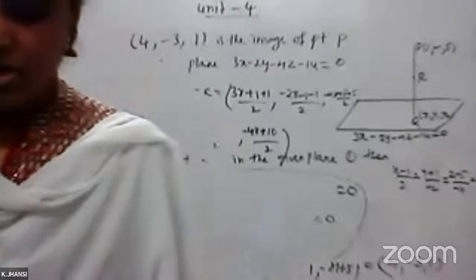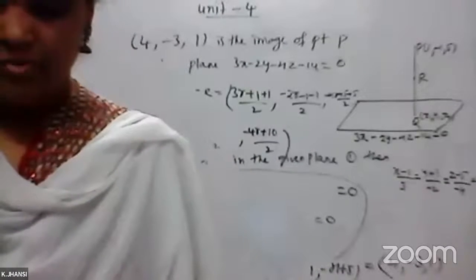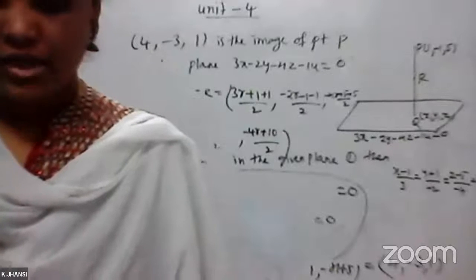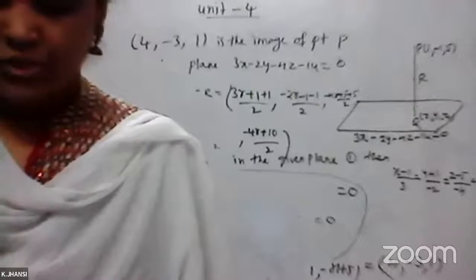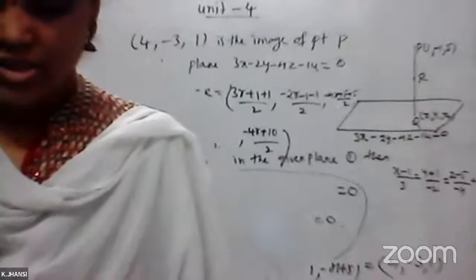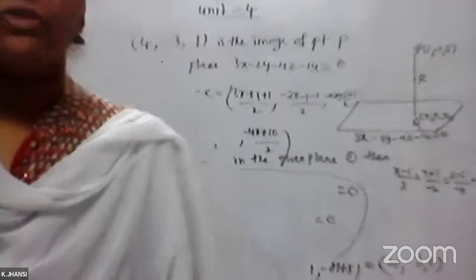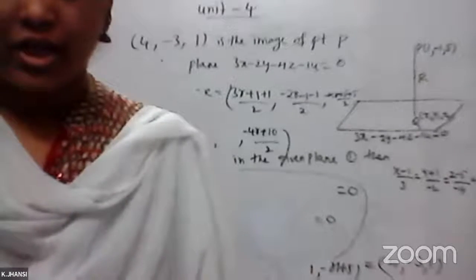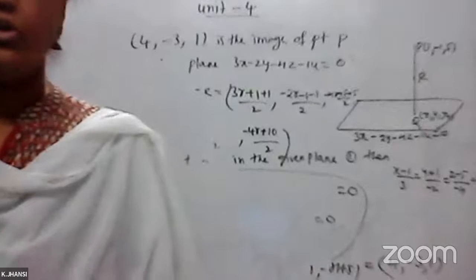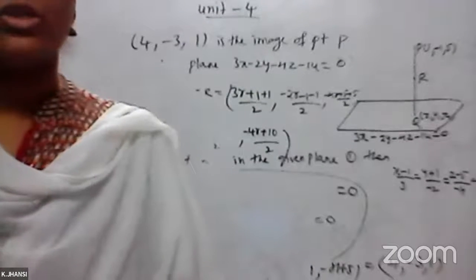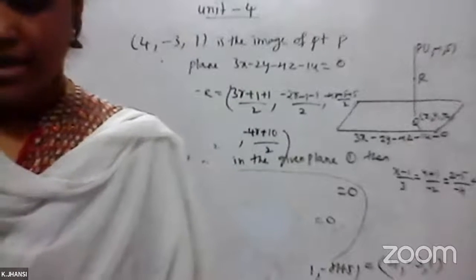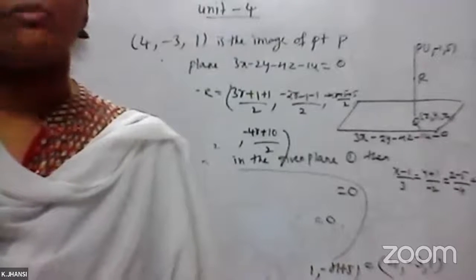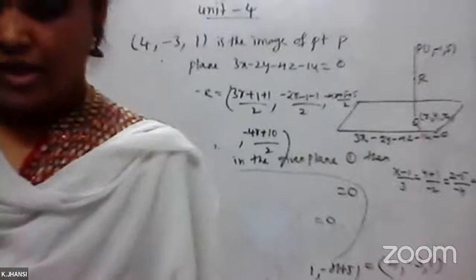Small direct problems where you substitute in the formula will also be asked in multiple choice questions. This time the objective type questions are compulsory, 20 marks: 10 marks multiple choice, 5 marks match the following, and 5 marks fill in the blanks. So try to practice all those.